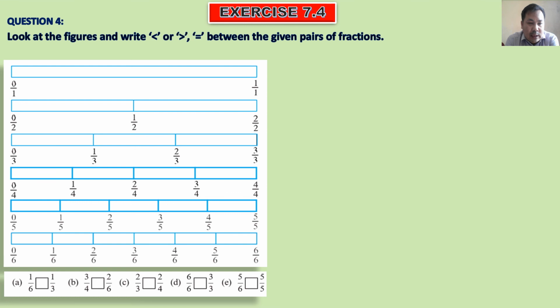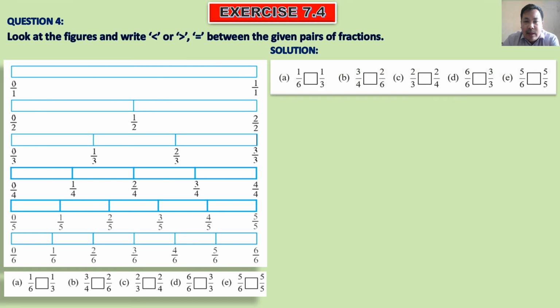What sign are we going to put in the box? Let us see in the solution. Here I'm giving you the solution. In the solution we have the same diagrams. In A, 1 by 6 and 1 by 3 are compared.